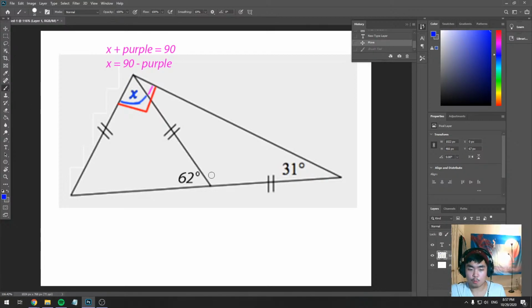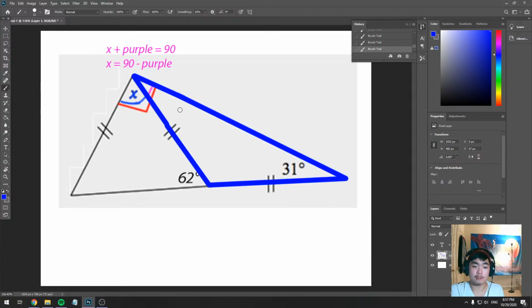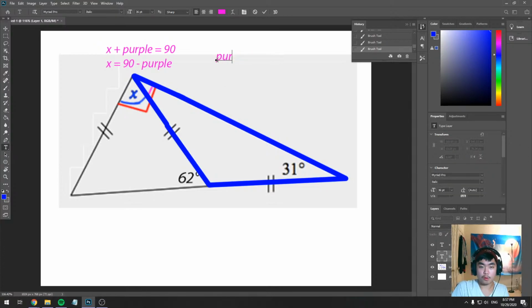Alright, so how do we solve for purple though? That's another problem of its own. So we want to solve for this angle. Right away you should notice there's a triangle over here. I could say purple plus 31 plus, what's our third angle?